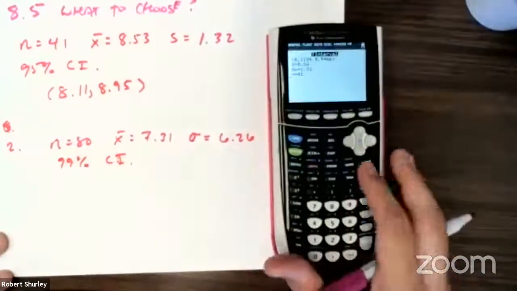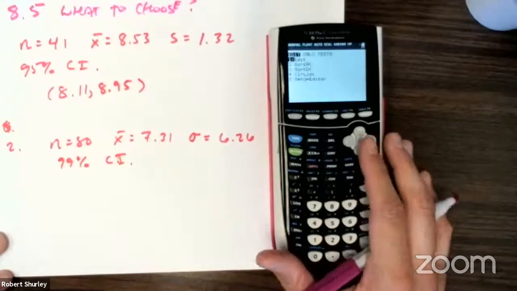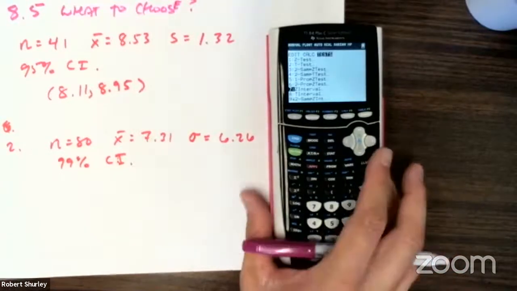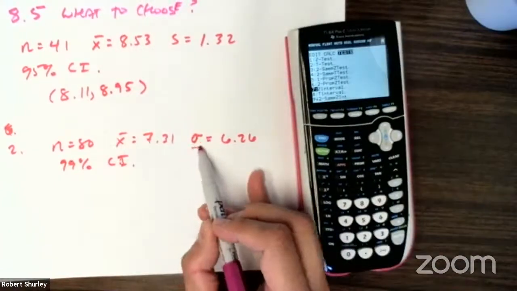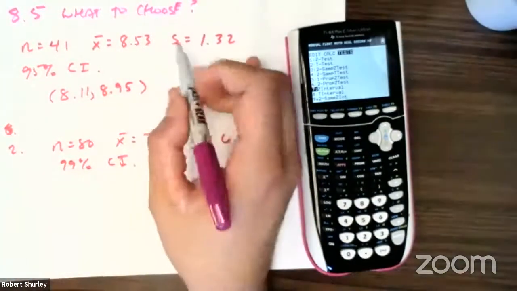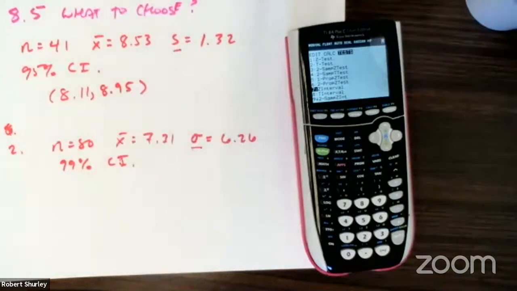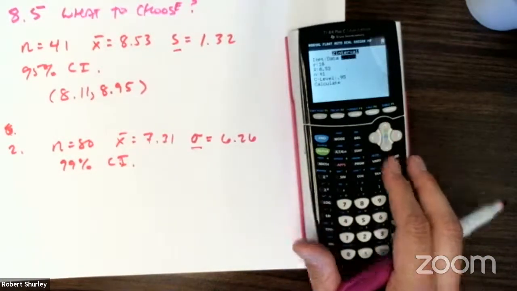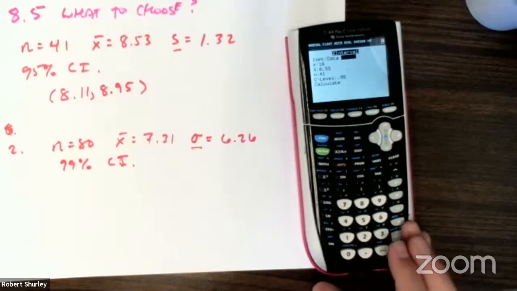Okay, so I'm going to go back over here and clear this out. I'm going to go to stat again, test. But now we've got a Z interval, because it's a population standard deviation. T interval went with sample standard deviation. Again, we know the stats, we don't know the data, so I'm going to click on that.